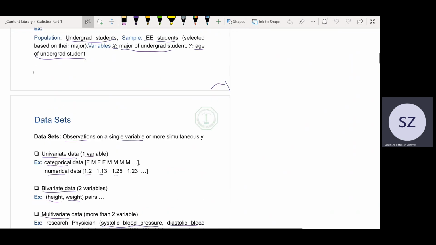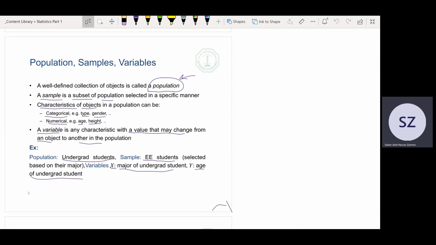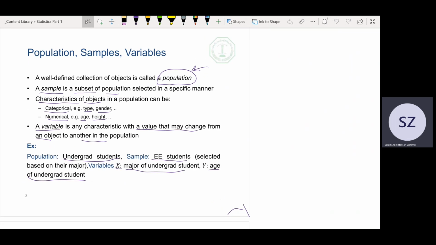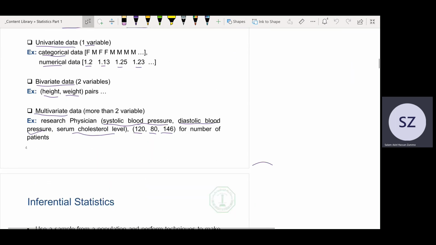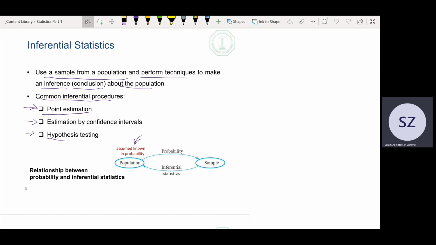So we define the population, which is basically everything that contains everybody. And we define the sample, which is a subset of the population, and then we talk about variables and different examples of that, and so on and so forth. And then we try to clarify this, as I mentioned.